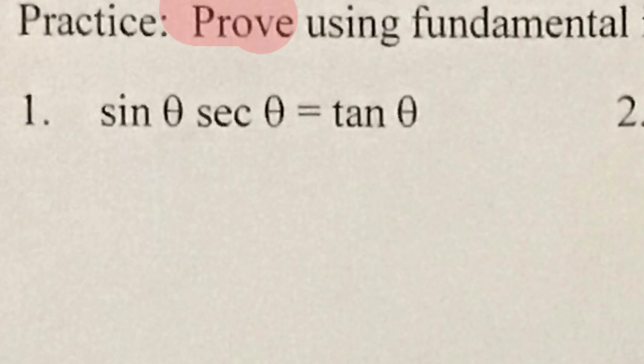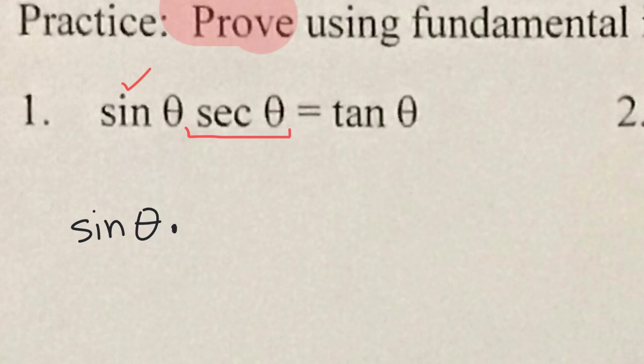So remember, our number one strategy in all of this identity stuff is to replace everything with sine and cosine. The thing that is not a sine: here we have a sine, check, that's already sine. And then we have secant. Secant is not a sine or a cosine, but hopefully you know there is something we can replace secant with, and that thing is one of the reciprocal identities.